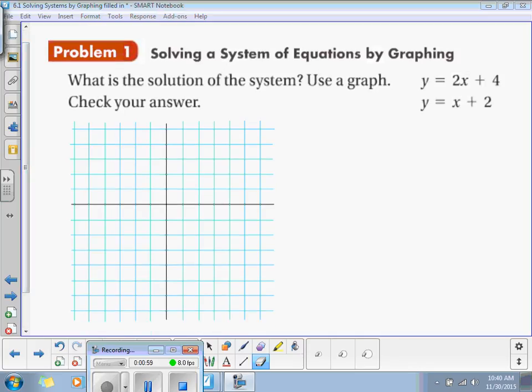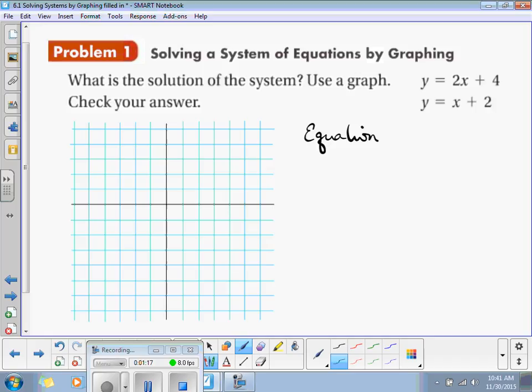So when we graph, what do we need? We need a slope and we need a y-intercept, right? So for equation 1, our slope is equal to 2, and our y-intercept is equal to 4.